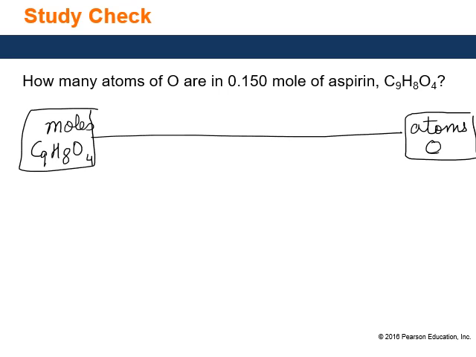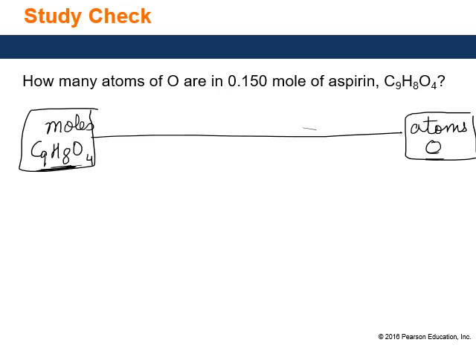Now, first thing you should notice is this is different. Moles are given of one substance, atoms are of the other substance. So you cannot relate these two substances unless you have a relationship relating them. There's no direct relationship between them. Only way you can relate them directly is through moles. If I know moles of this, I can figure out the number of molecules of this, but I cannot get to atoms of this, right?